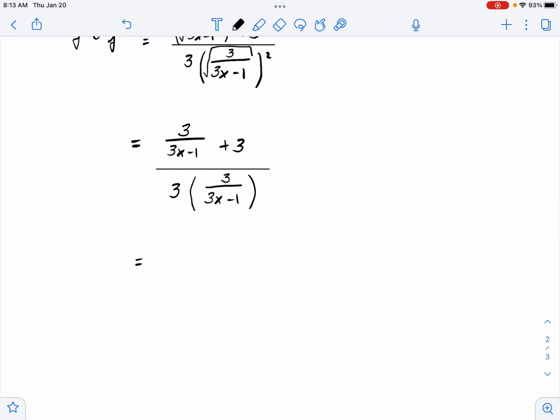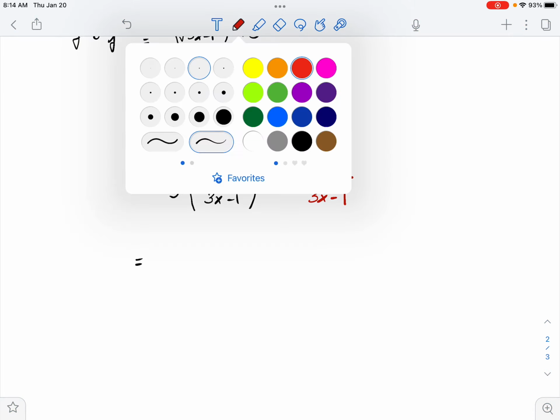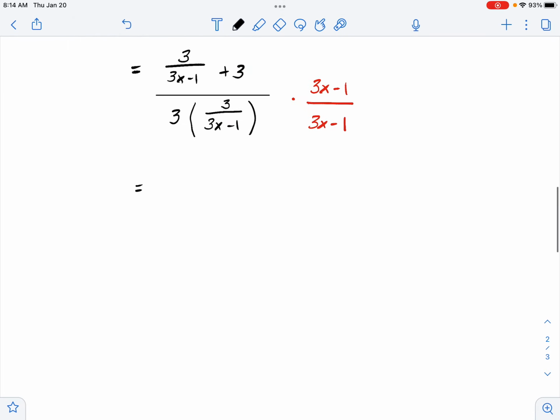Working this out, the simplest thing I think to do is to multiply above and below by the denominator, which is 3x minus 1 over 3x minus 1. Again, this is multiplication by 1. 3x minus 1 divided by 3x minus 1 is 1, and 1 is the identity of multiplication, so I'm okay. So (3x minus 1) times 3 over (3x minus 1) is just going to leave me with 3.